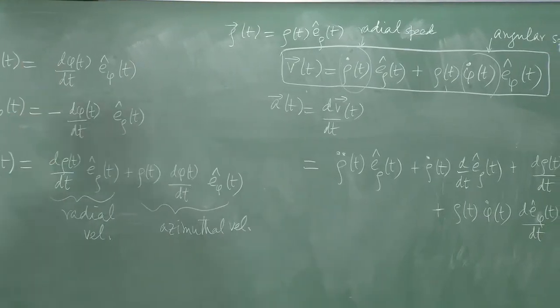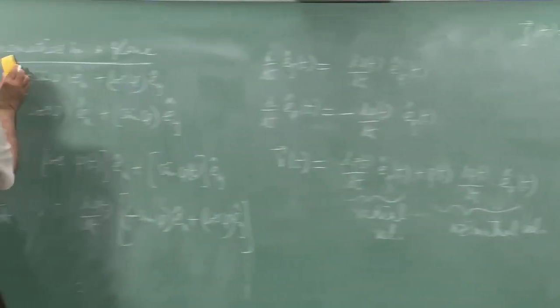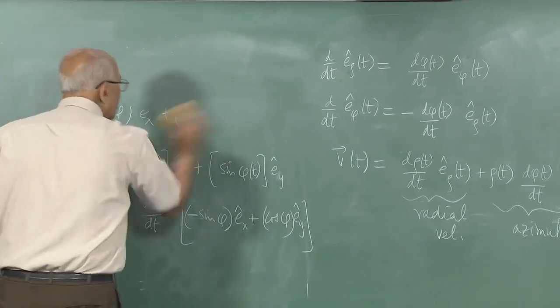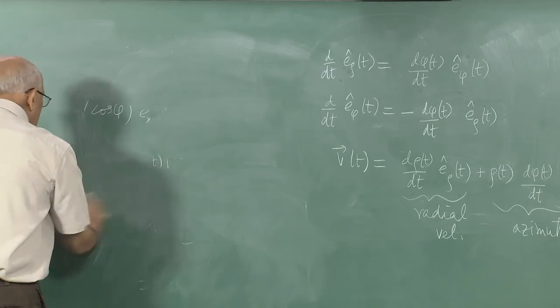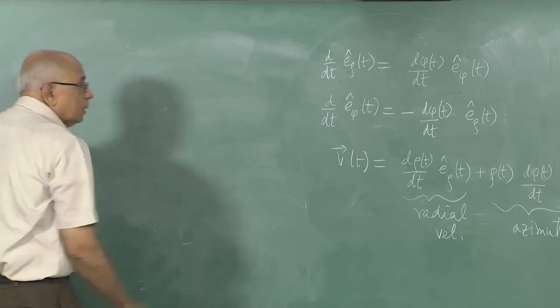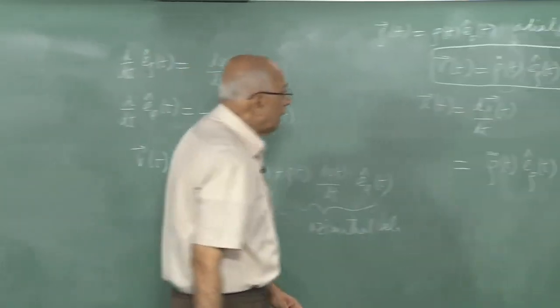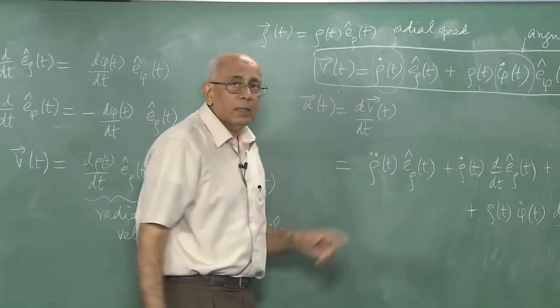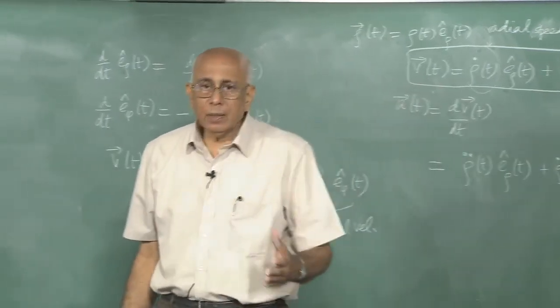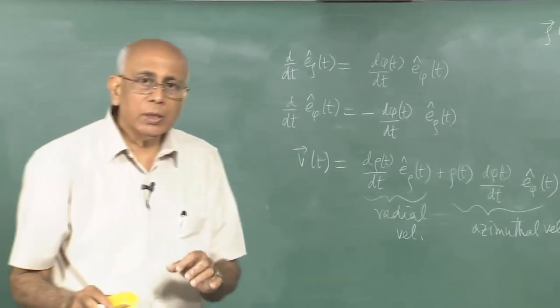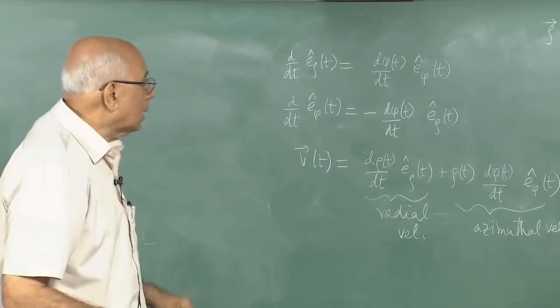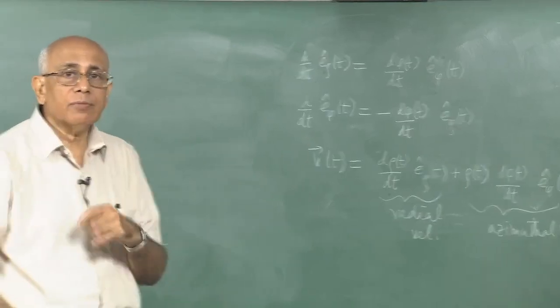Well, let us do that. Our target again is to exploit the fact that finally the acceleration, again being a vector in the plane, should be decomposable into a portion which is proportional to E sub rho of t and another portion which is proportional to E sub phi of t.